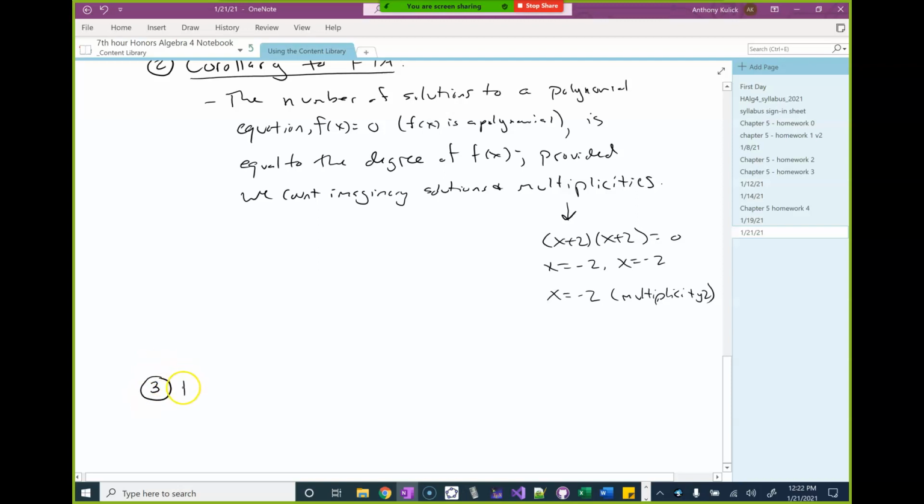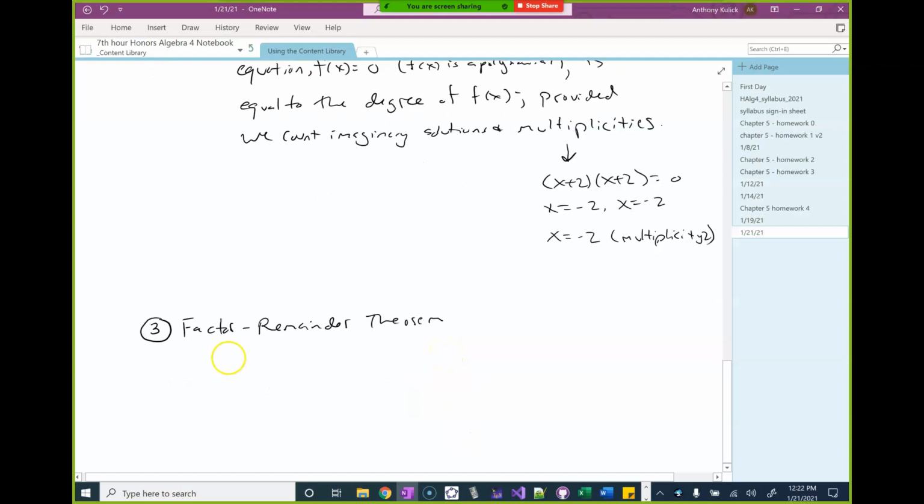The next theorem we have is called the factor remainder theorem. And this is what we used in the previous homework when we did the synthetic division. And this says, I'm sorry, I want to write this as an if and only if: x minus a is a factor of a polynomial f of x if and only if f of x divided by x minus a has remainder 0.